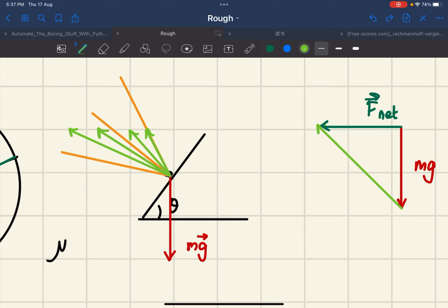Now, the vector N plus F, such that this height is mg and the centripetal force is maximized, because we want to maximize the speed. Let's repeat that.